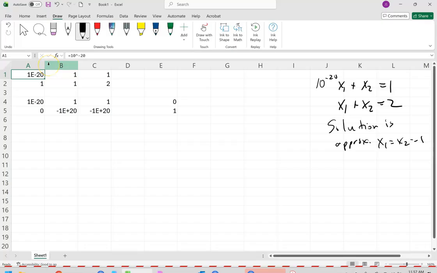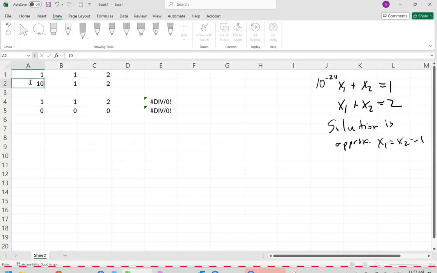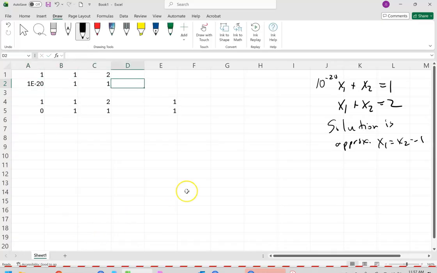Let's say we did 1, 1, 2 on top and 10 to the negative 20th, 1, 1 on the bottom. In that case, using the largest magnitude in that first column, which was 1, not 10 to the negative 20th, if I use that for my pivot, did we get the right answer?